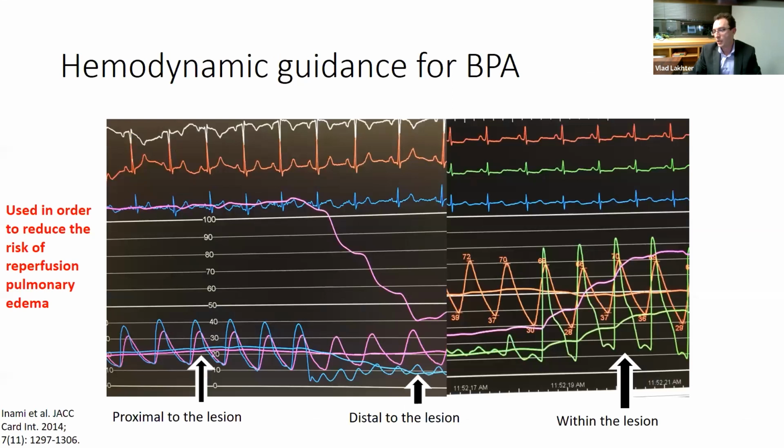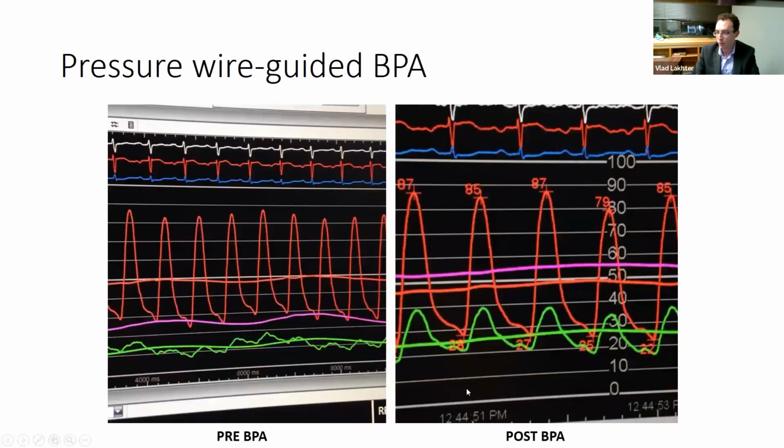What we do frequently and routinely is use a pressure wire to guide our BPA procedures. We will usually use an FFR wire, and you'll see here that when you cross a stenosis, the pressure on the other side essentially looks like a wedge pressure, whereas proximal to the stenosis, the pressure looks like a normal PA pressure. When you perform BPA, you're able to increase the distal pressure to whatever your target is.